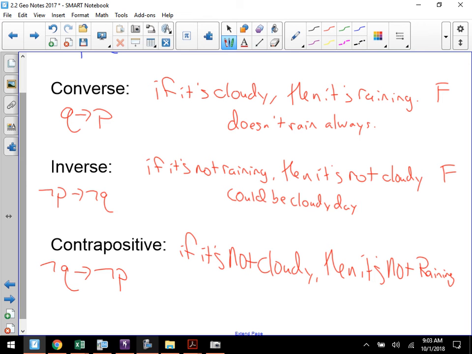True or false? True. It's not cloudy out, so if there's no clouds, then there would be no rain.